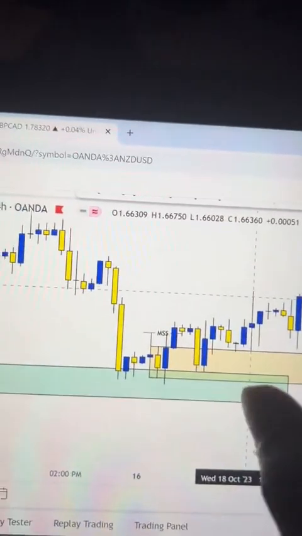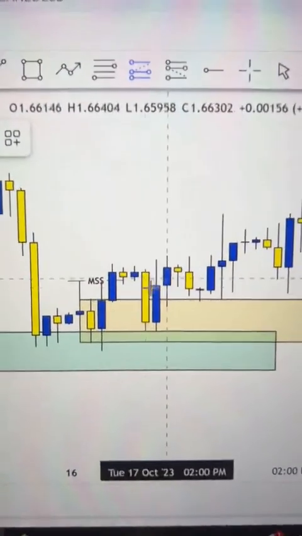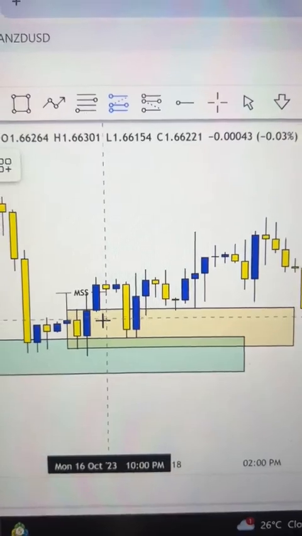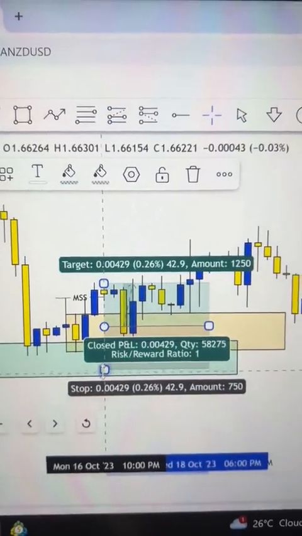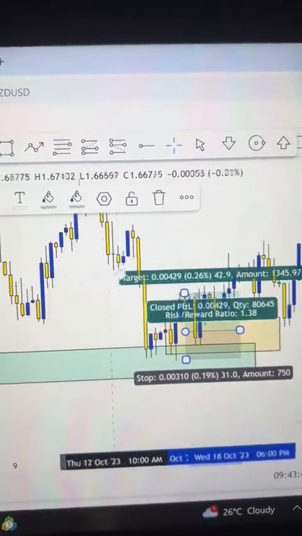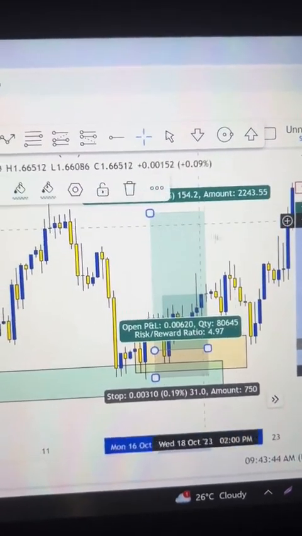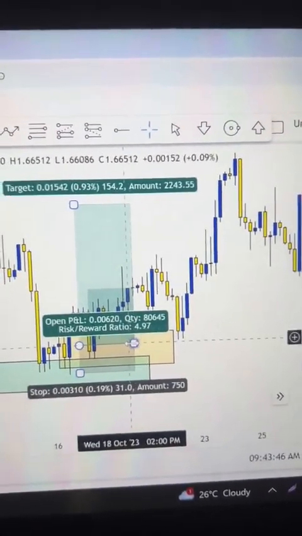Okay, let me try to zoom out. This is what I'm looking for. Then you place your trade like here, stop loss below the zone here. Then your take profit will be up here. Then what did you notice?